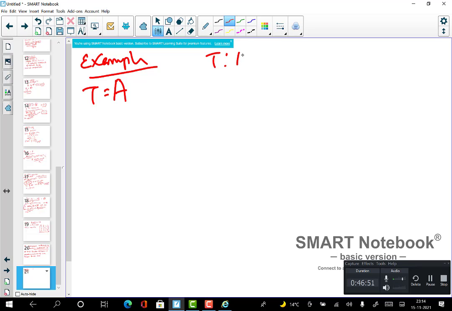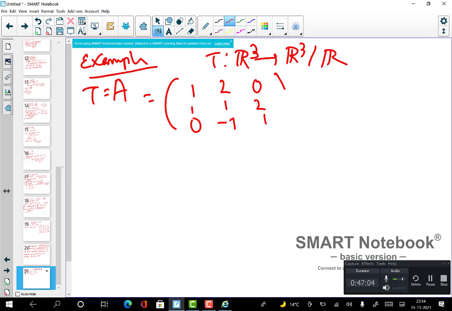So this is a map from R3 to R3 over R, and the matrix is 1 1 0, 2 1 minus 1, 0 2 1. Suppose this is my matrix, and I want to find the Jordan form of this matrix. Let us first see whether it is diagonalizable or not. If it is diagonalizable, the Jordan form will be the trivial one, the diagonal form.